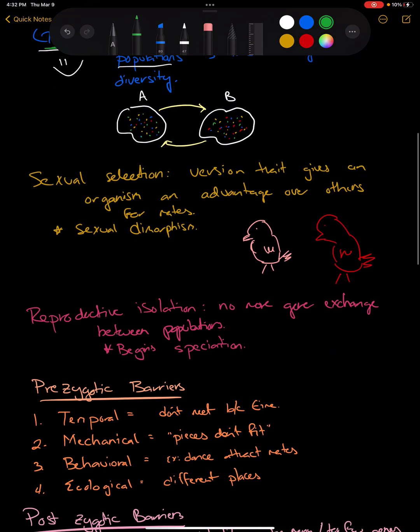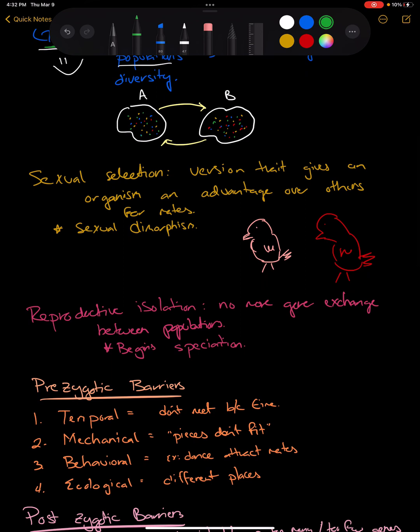Okay? Now, next idea, we also have sexual selection. Sexual selection means that you have a trait that gives an organism an advantage when they're competing for mates. And if you look at these two, they're my cardinals. If we're talking about a boy cardinal, boy cardinals are always bright red, right? Like him.